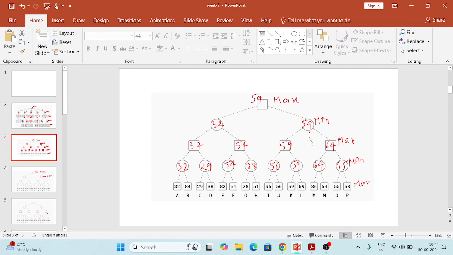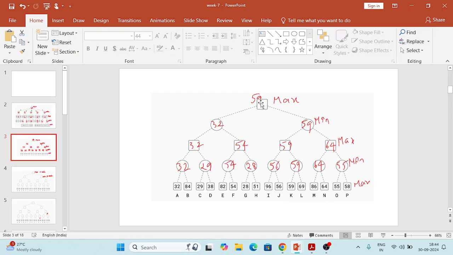But now this is 64, that's why it's not selected and 59 is selected. So there may be chances of comparing this particular node also. So 59, 64, where the 64 comes from, here. So M, N. So K, L, M, N are the horizon nodes.